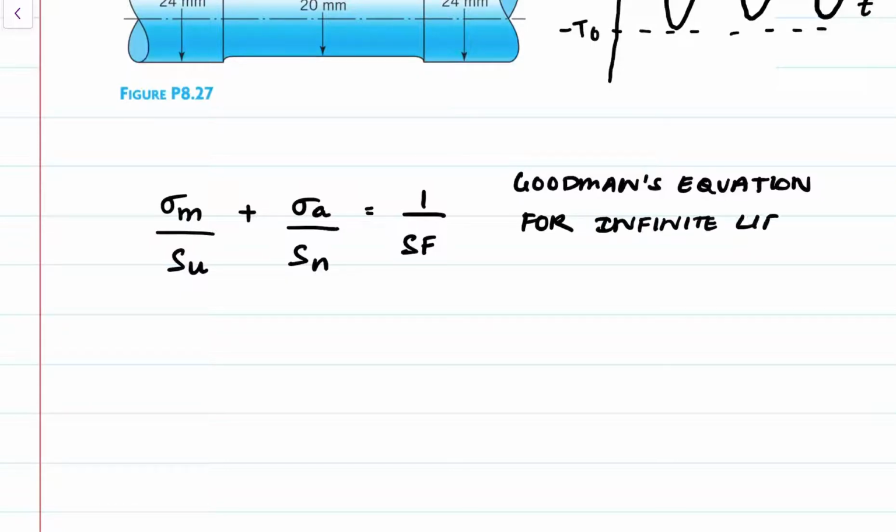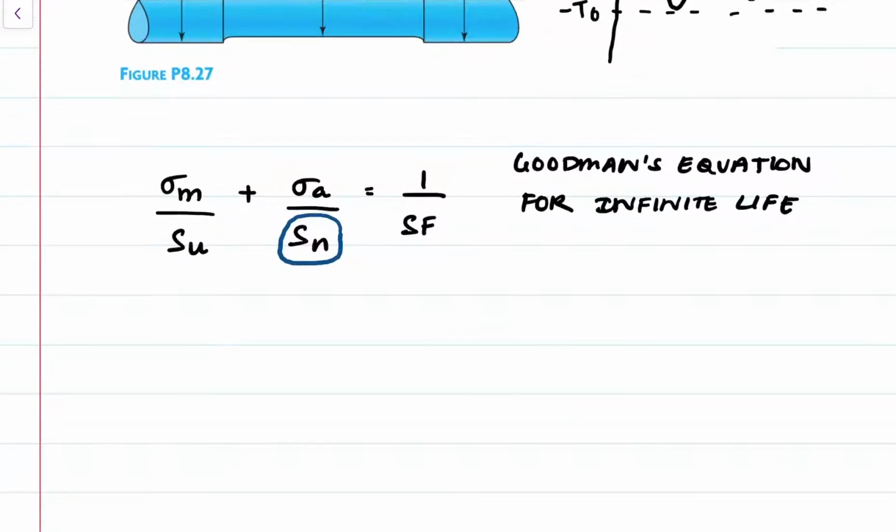And the reason I say this is for infinite life is because of this Sn term that's in the denominator of the alternating stress. So if I were to redraw the Sn curve, it starts off at S3 up on 10 to the 6 and then goes across.